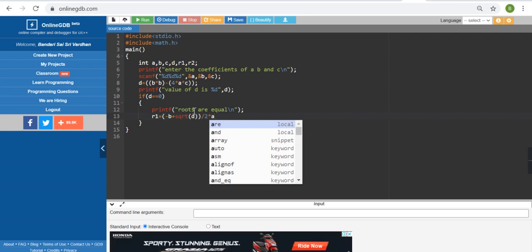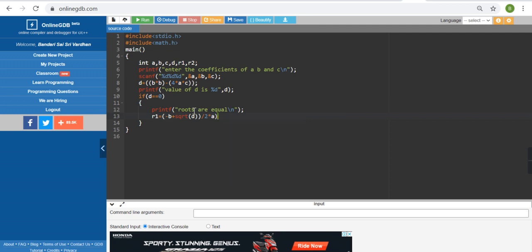Why so? Because here we should hold the whole value of the numerator by 2a, and if you don't keep the braces like this, it will only divide the last element. Okay, so semicolon. Next, what is the formula to find root 2?